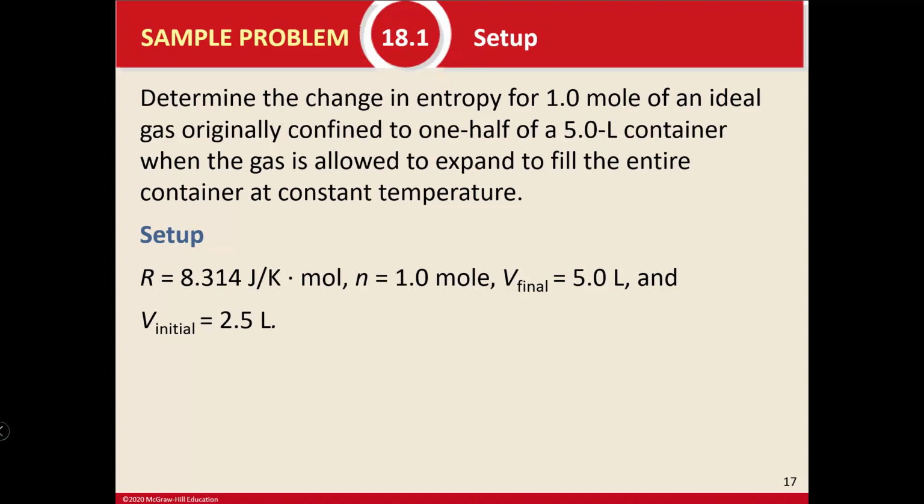Instead of using the gas constant 0.08206 liter atmospheres per mole Kelvin, because we're talking about energy, this is the R we're going to be using in chapters 18 and 19. So R is 8.314 joules per Kelvin mole, and the reason we're using this value for R is because it has joules in it, and we're going to start relating entropy and thermodynamics to energy in joules.